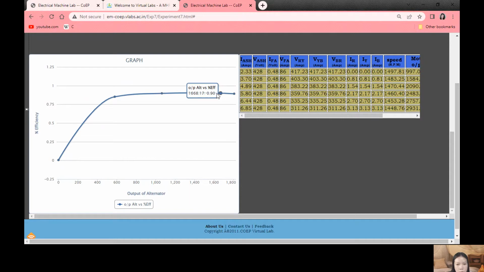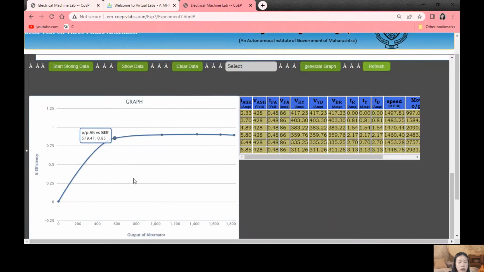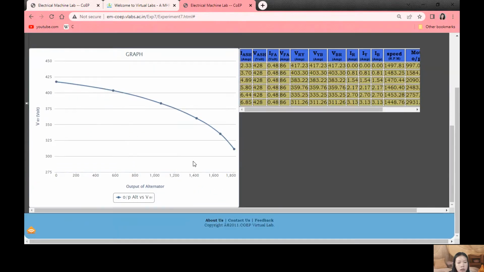So, dito medyo bumaba siya from 0.90 na efficiency, naging 0.89. Next natin is yung output ng alternator versus yung line voltage RY. So, habang nag-increase yung output ng alternator, bumababa yung line voltage RY natin.